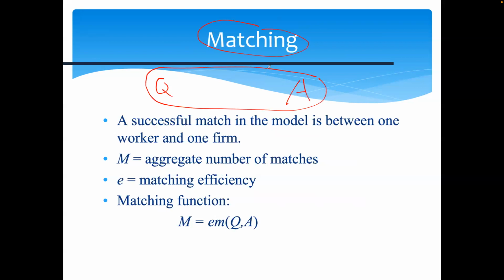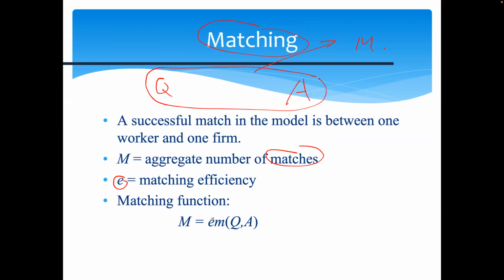The outcome is how many successful matches, meaning how many workers are going to accept a job and how many jobs are going to be filled by potential job candidates, right? So we use M to denote this match, and we use E to denote matching efficiency.